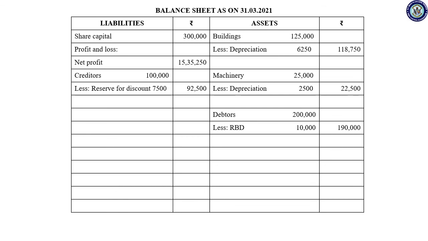Then creditors less reserve for discount. The reserve should be deducted. So RBD from debtors, discount on creditors from creditors.